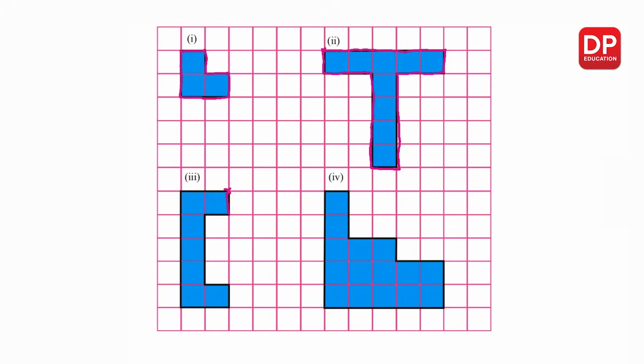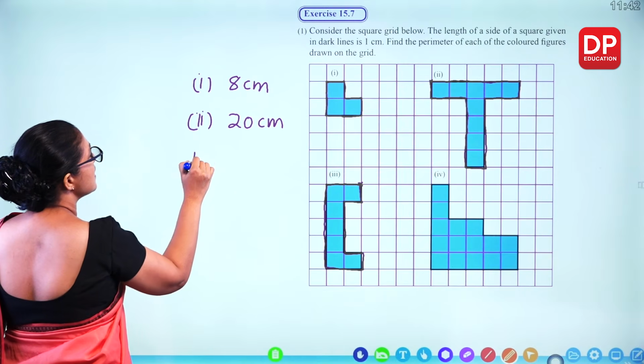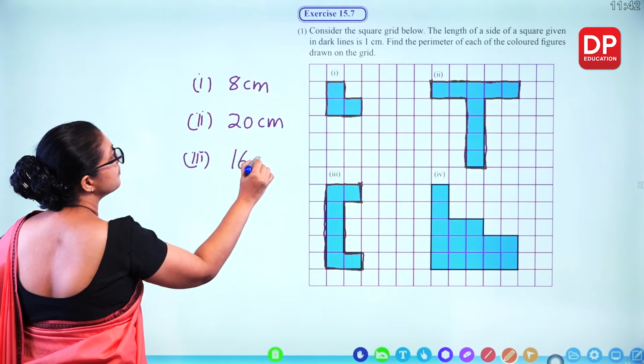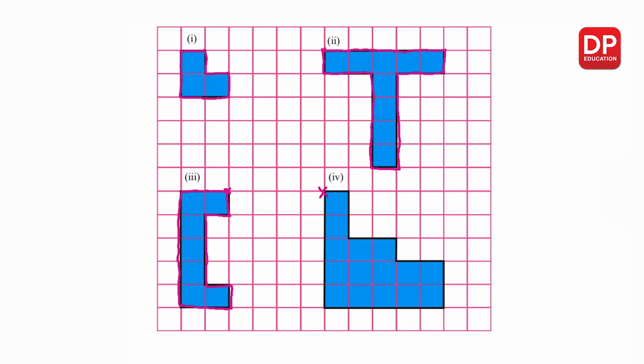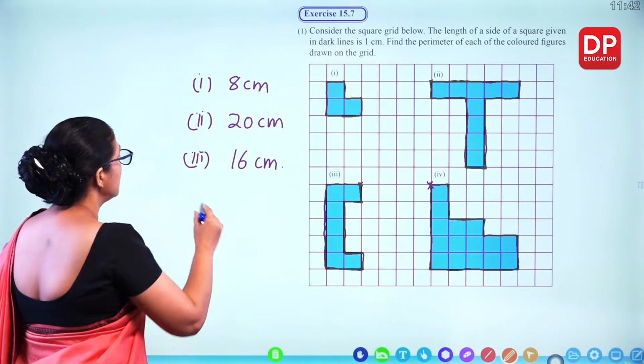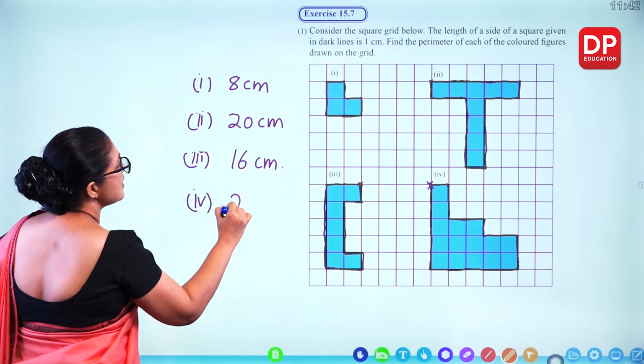From here, 1, 2, 3, up to 16 centimeters. This one will start from here. 1, 2, 3, up to 20. So 20 centimeters.